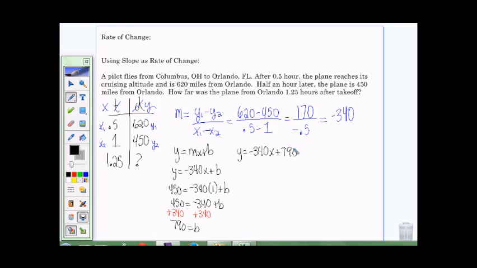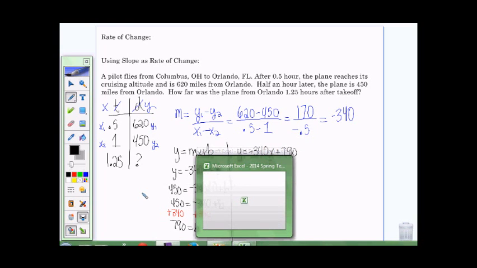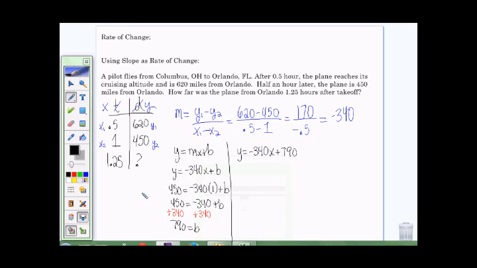So I'm going to plug 1.25 in for x. Why did you plug in that one for here? This one? Because I needed a y and an x so I could find a b. So I used this one because the 1 is easier to deal with than the 0.5. It was just nicer. So I'm going to come in here and plug this in for x.